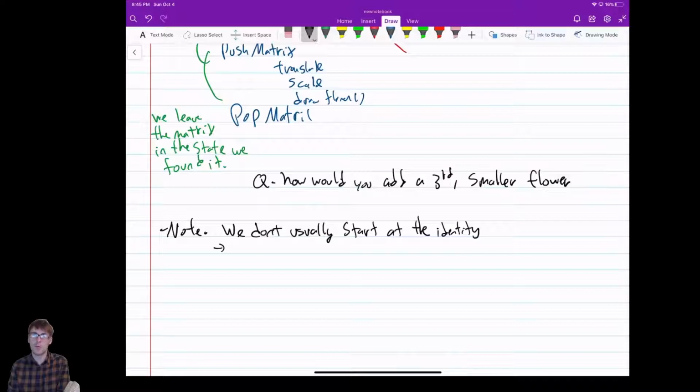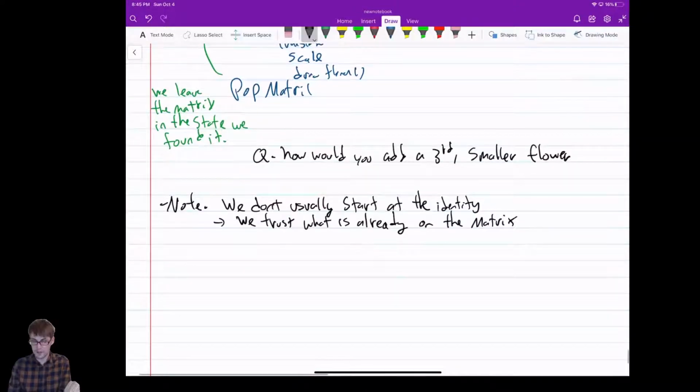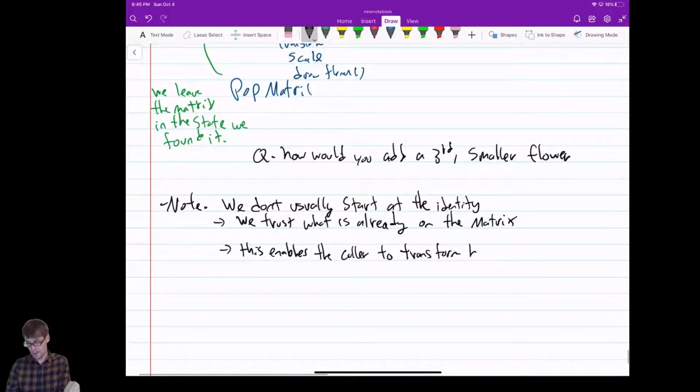And this enables people to call us on the matrix. That way people can modify the matrix before calling us, and then they can position us and modify the scene. So this enables the caller to transform before calling our function.